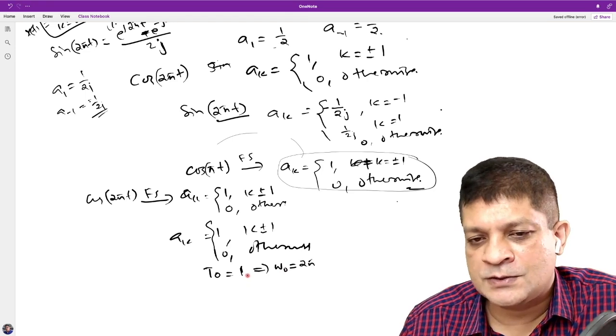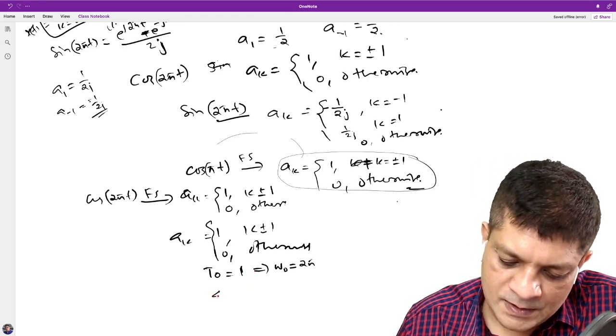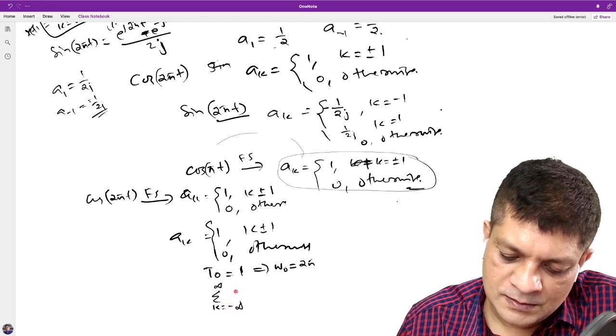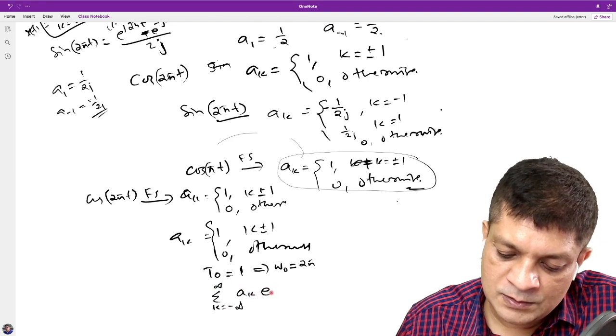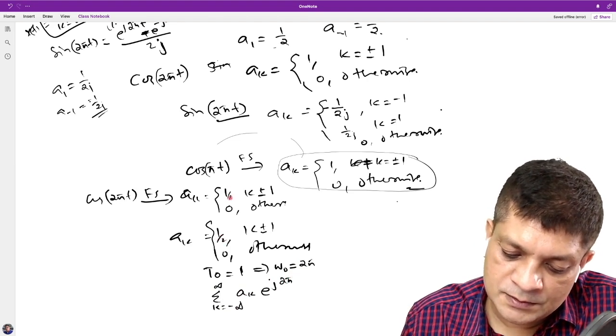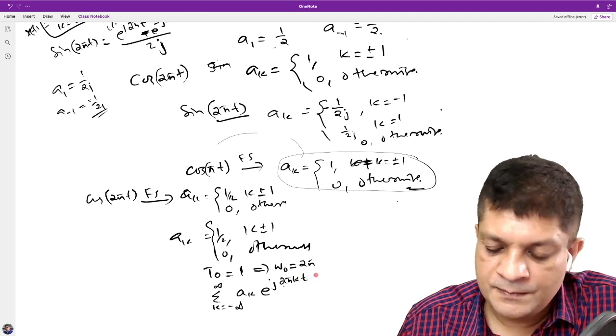How to find the original signal? It is this equation, this summation, isn't it? a_k e to the power j 2 pi k t, and sorry, this is 1 by 2, isn't it?